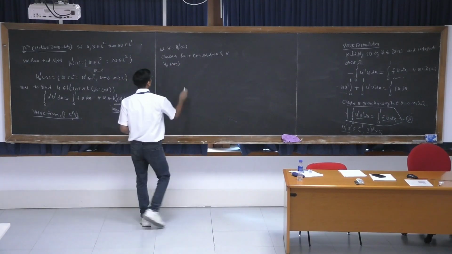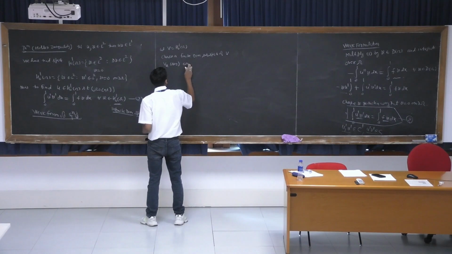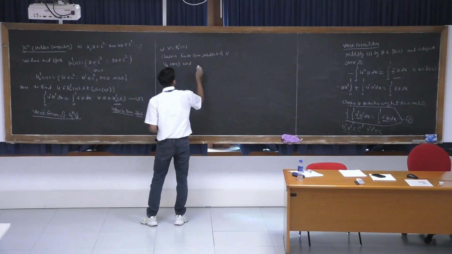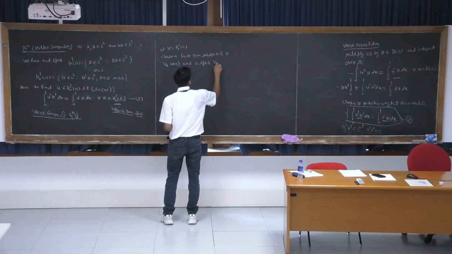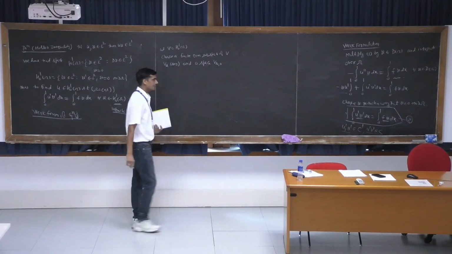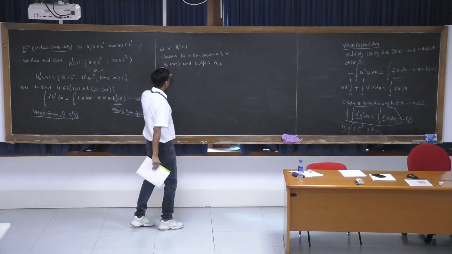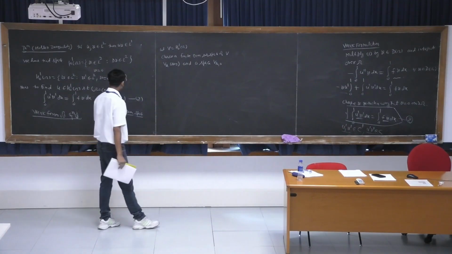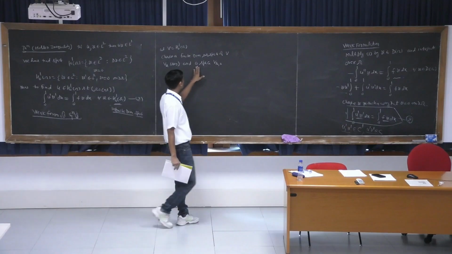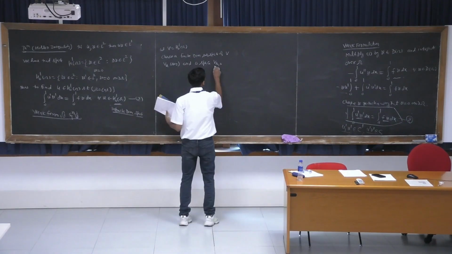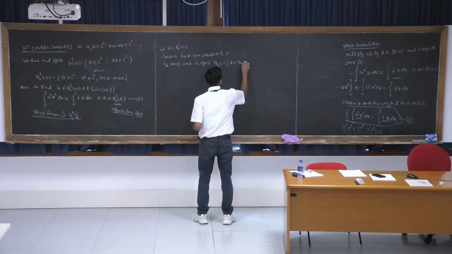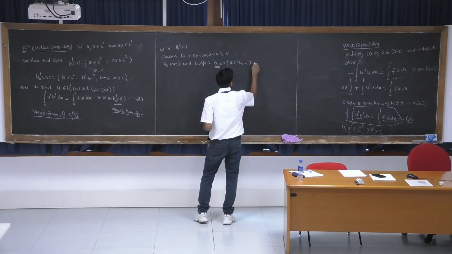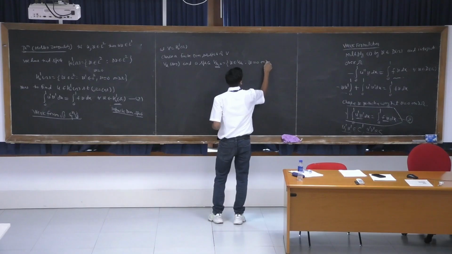Okay, and a space VH0, means this is a subspace of this, but I am saying that a space VH0 means those functions belong to VH such that V is equal to 0 on the boundary.